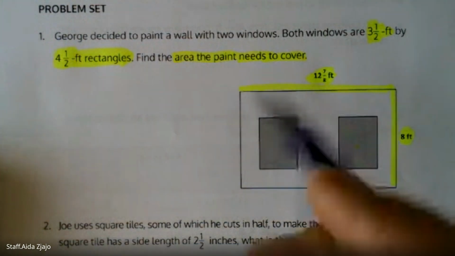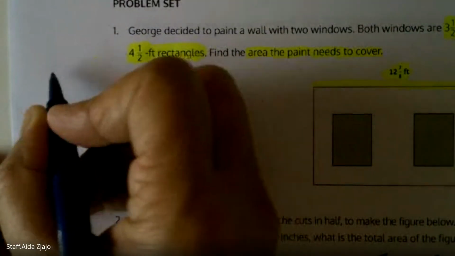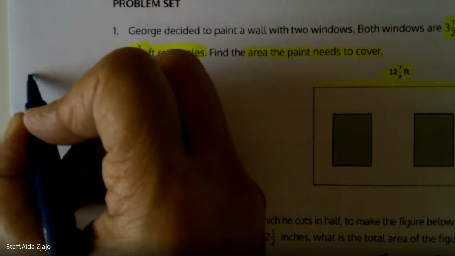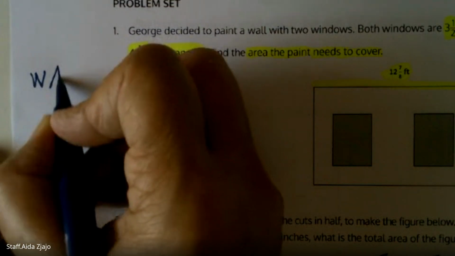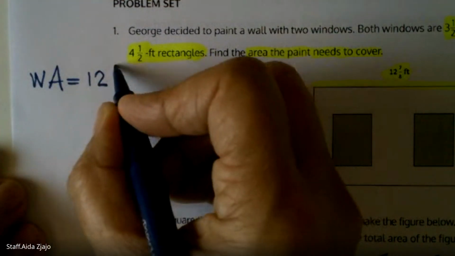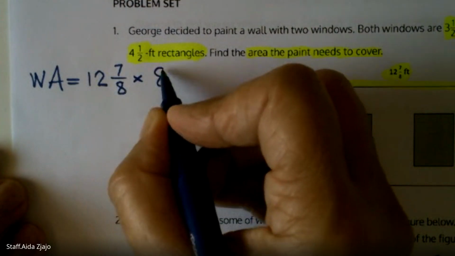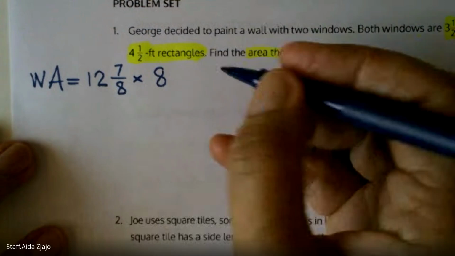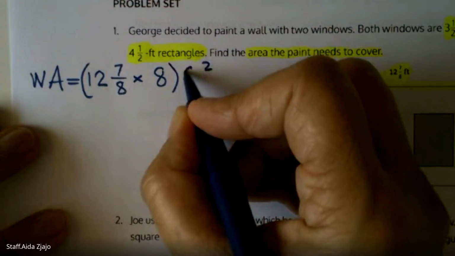So I'll write wall area equals 12 and 7/8 times 8. Of course, this is feet by feet, so the answer is in square feet.